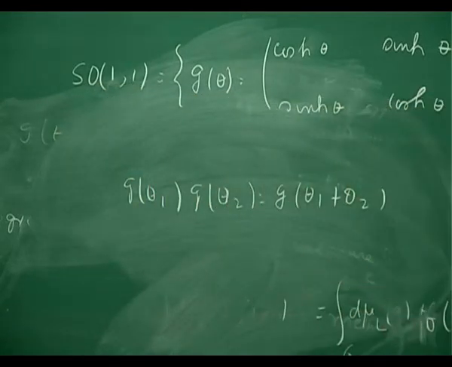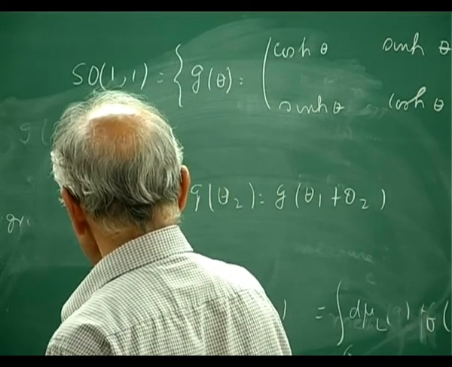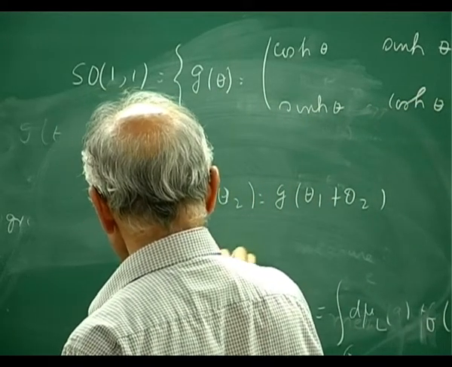This theta is called the rapidity variable in physics.